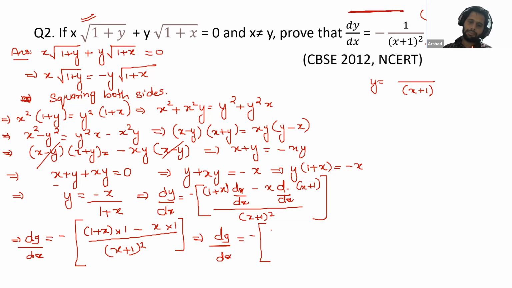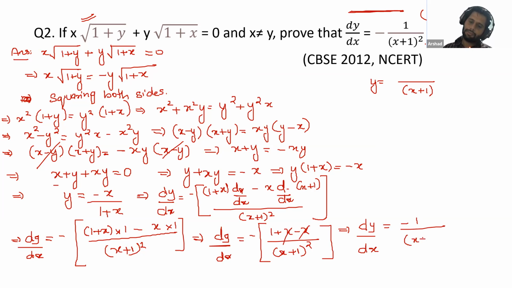You will get 1 plus x minus x by x plus 1 whole square. Cancel out this x. So you will get dy by dx is equal to minus 1 by x plus 1 whole square. Is this clear, Abdur, Fahad, and Rifat?